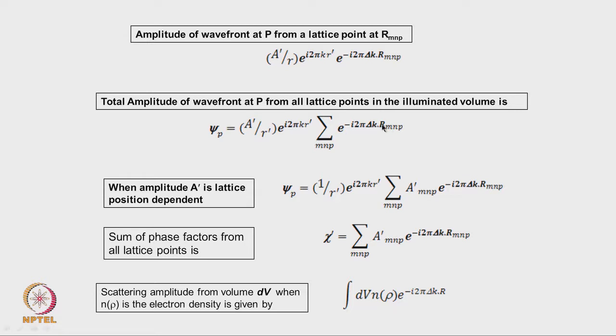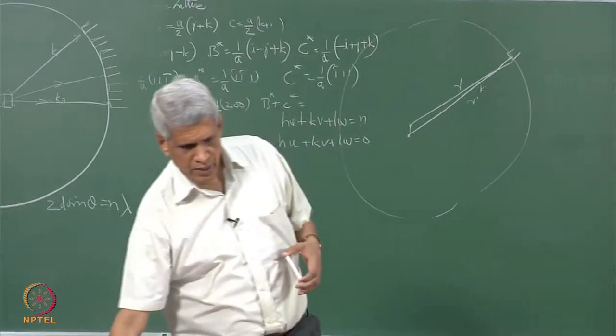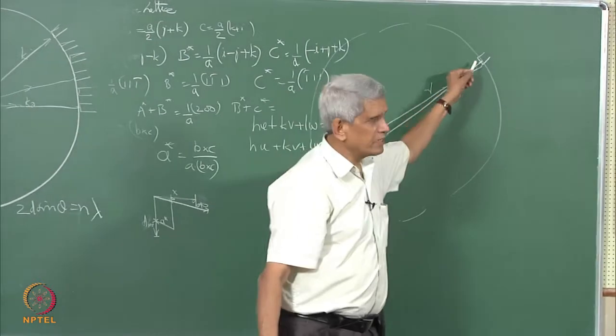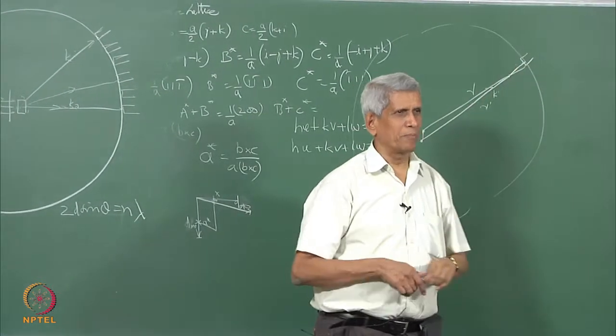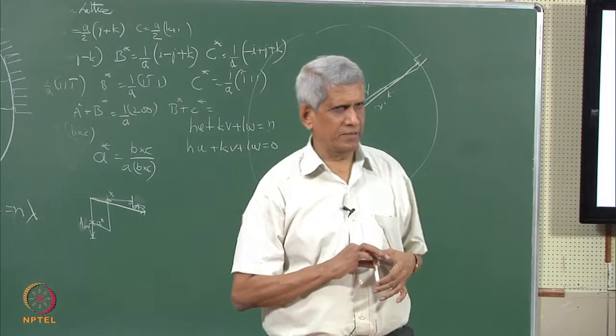So, for each lattice point, if this term turns out to be 1, then all these will add together, is it not? So the amplitude of the wave scattered in this particular direction will turn out to be maximum. Then we say that constructive interference is taking place.